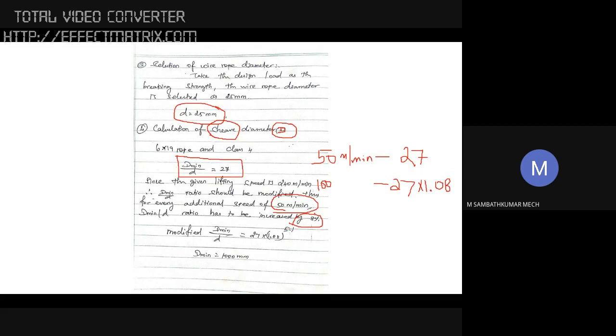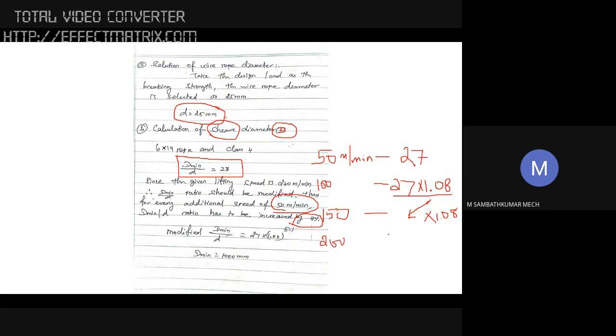Okay, and this is for 100, and again you should calculate for 150. This value into again you should multiply with 1.08.